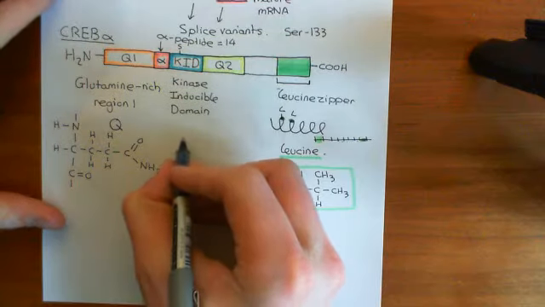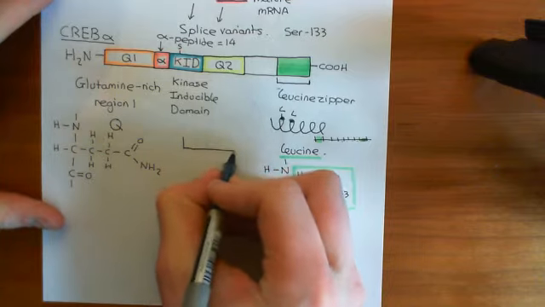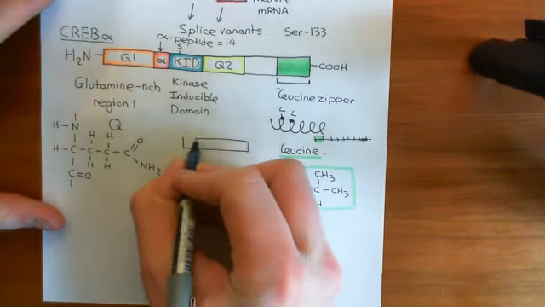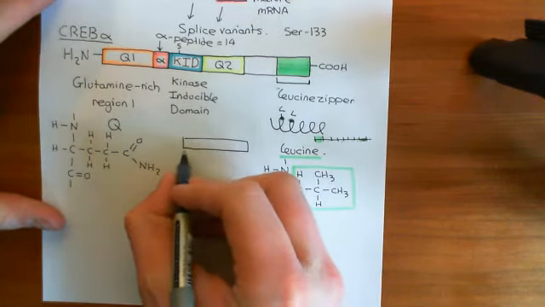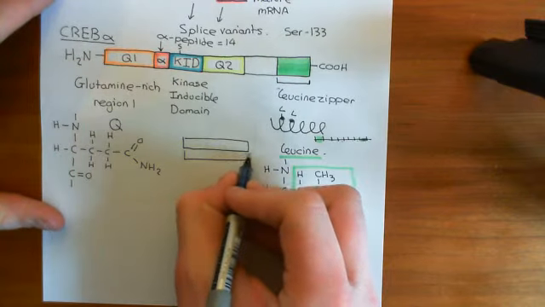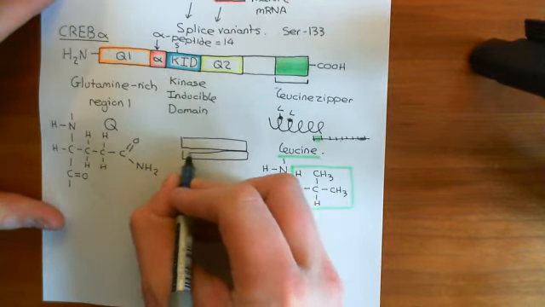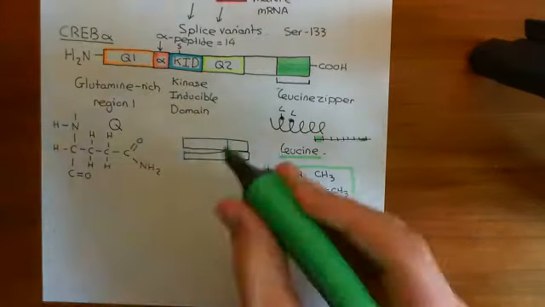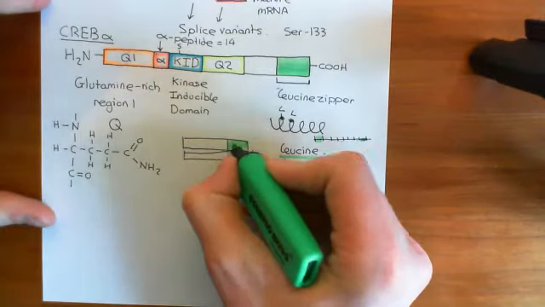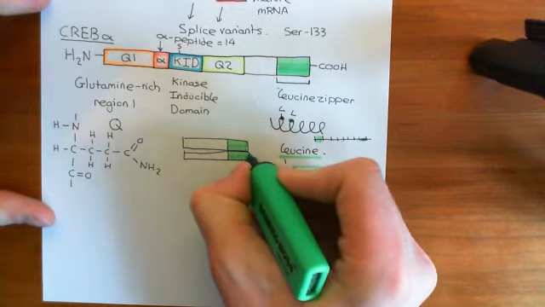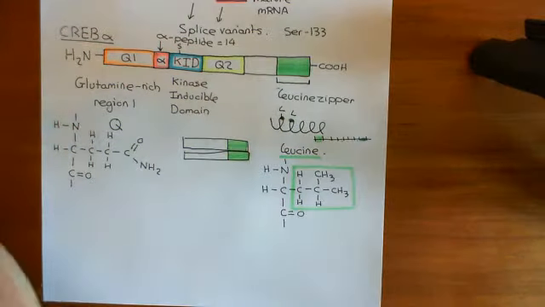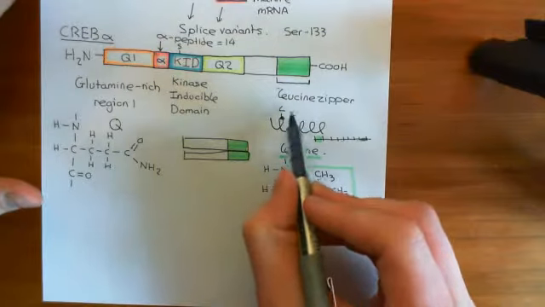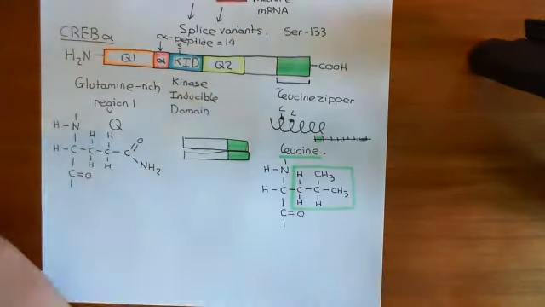All 3 of our CREB proteins, CREB alpha, CREB beta, CREB delta, they all have these leucine zipper regions. What's going to happen is at the leucine zipper region, you're going to get the 2 CREB proteins binding together. The way this is thought to happen is that both of these leucine zipper portions here in green are alpha helices, and they've got leucine residues sticking out the side of them.